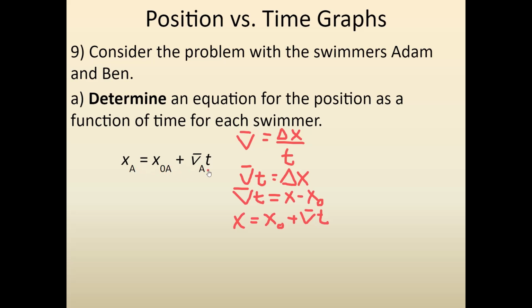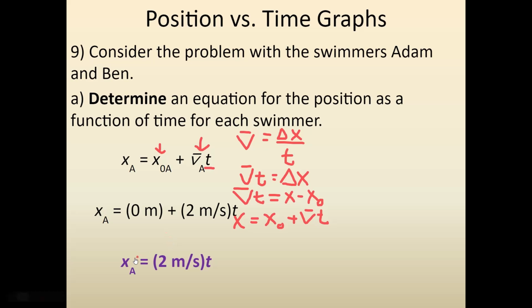We have this for Adam, and we're just going to plug in the numbers for x naught A, which is the initial position of Adam, and the average velocity of Adam, and we're going to leave time as a variable in this case. So when we plug in that Adam starts at initial position 0 with an average velocity of 2, we end up getting this.